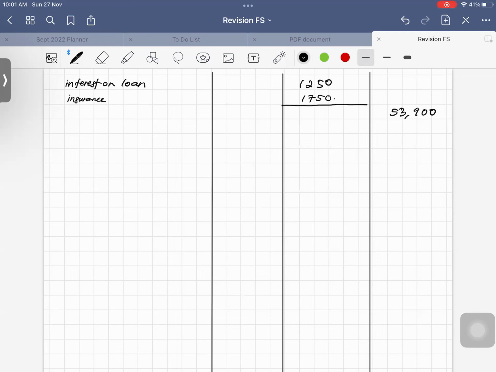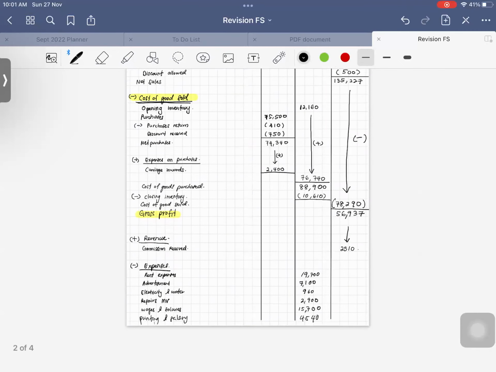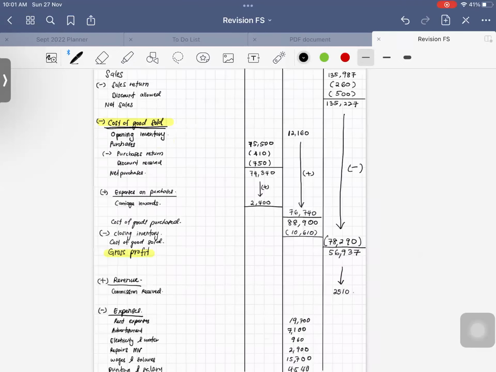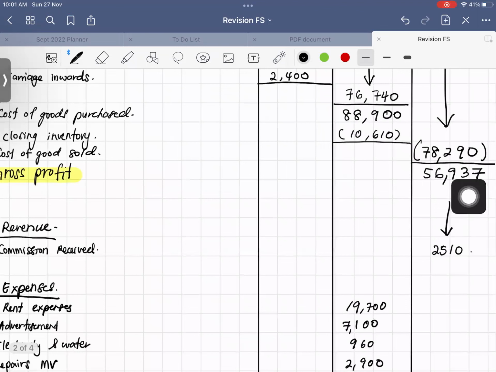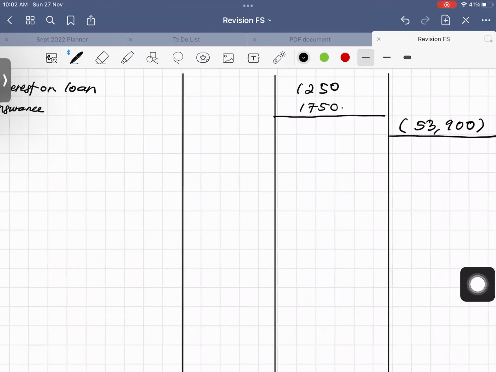You need to minus. So if we want to minus, kita letak bracket. So minus with what? Minus with the value dari atas ni. 56,937 ni. Okay, I cakap you kira 56,937 tambah 2,510 sebab this is our revenue. 56,937 tambah 2,510 tolak 53,900.